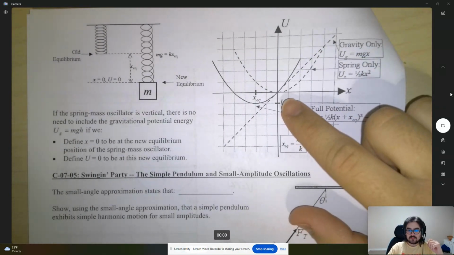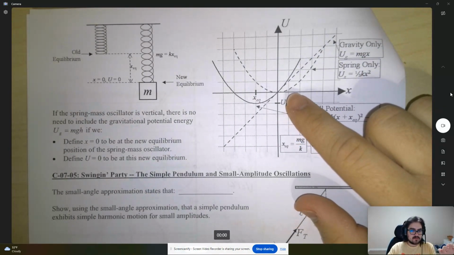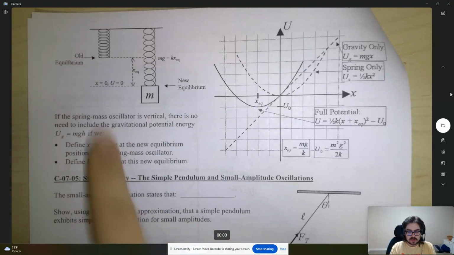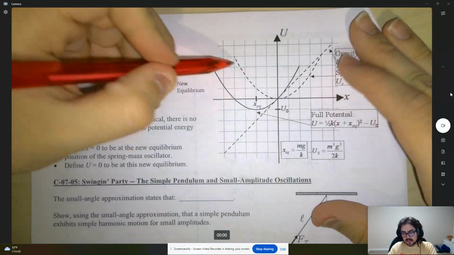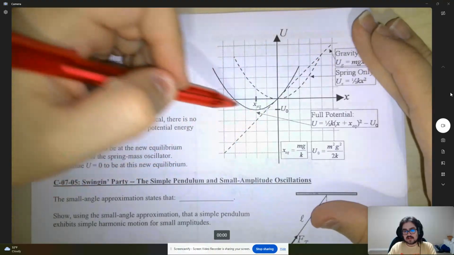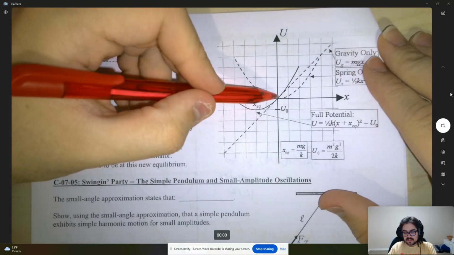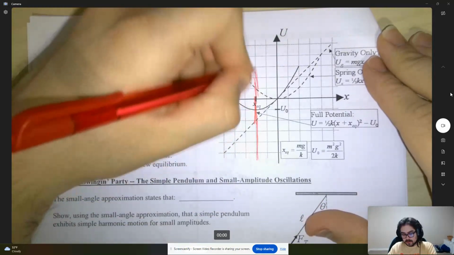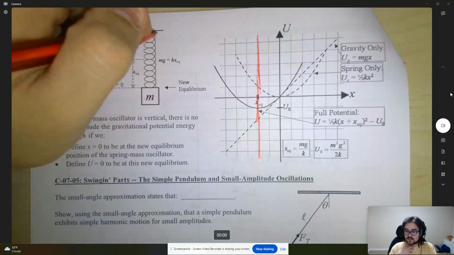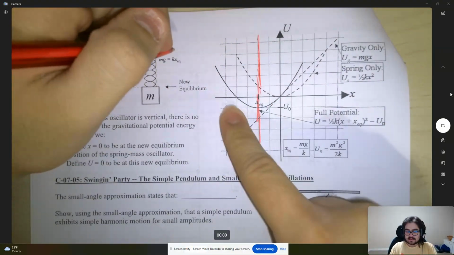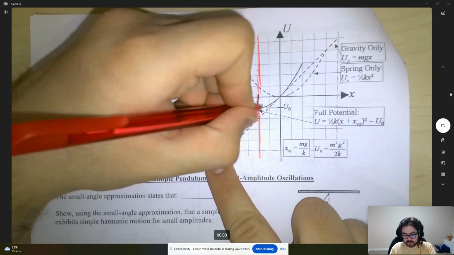Basically, when we define x equals 0 to be the new equilibrium position and U equals 0 to be the new equilibrium position, can you see this dotted line parabola? That's our original potential energy function. We're basically shifting the axes so that our parabola is now at the origin of our axes.